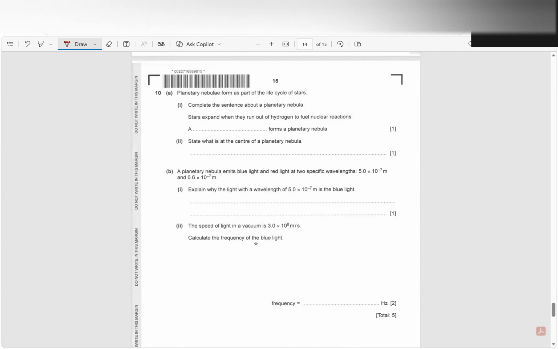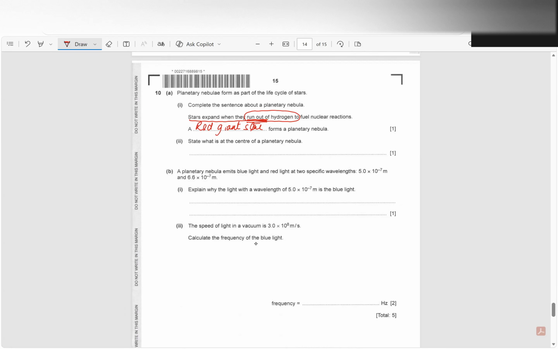We need to understand that this is the stage where the statement is saying that stars expand when they run out of hydrogen. So this is the stage where it is becoming a red giant star, which forms a planetary nebula.